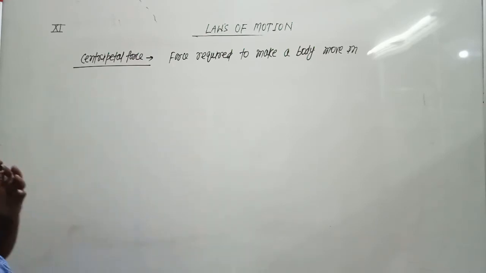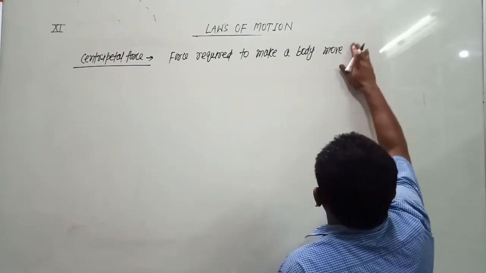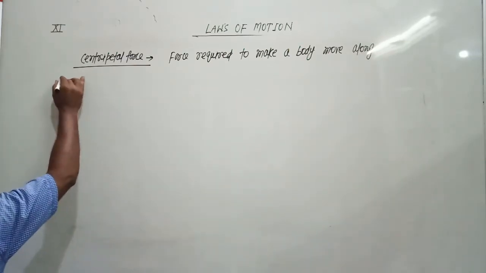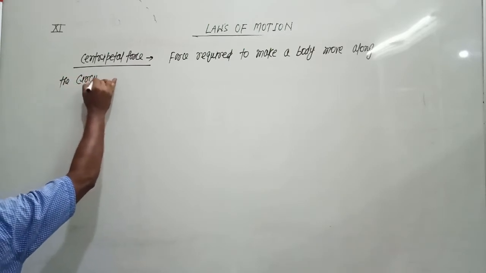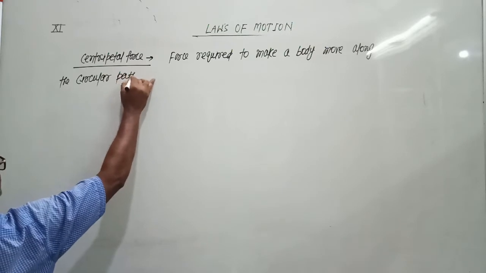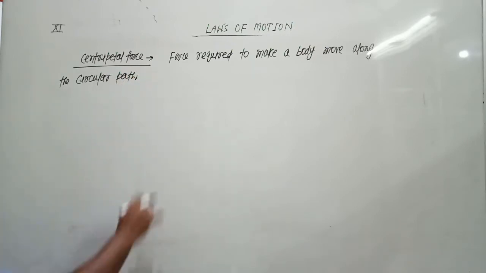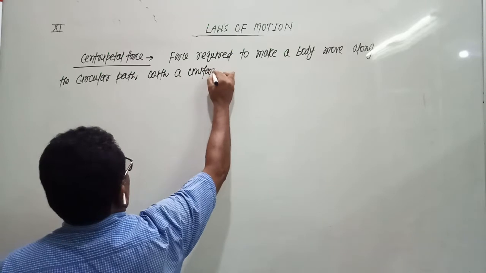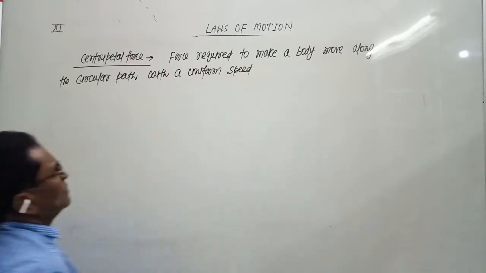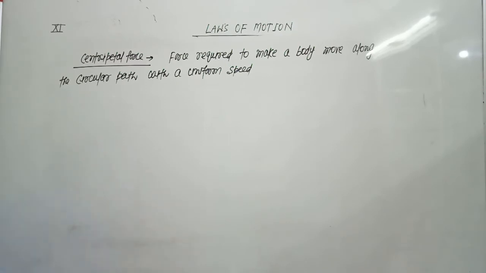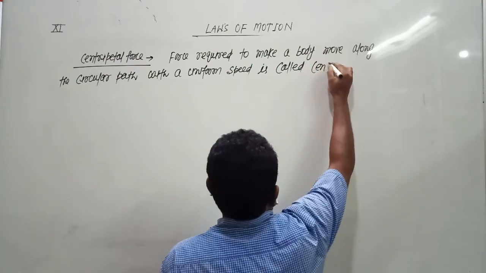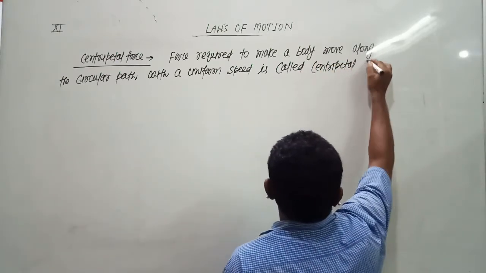Force required to make a body move along the circular path with a uniform speed is called centripetal force.